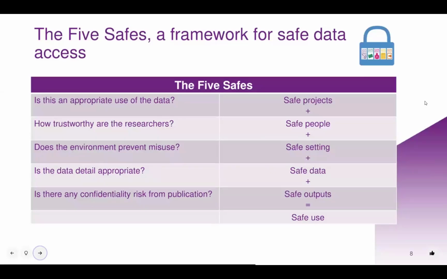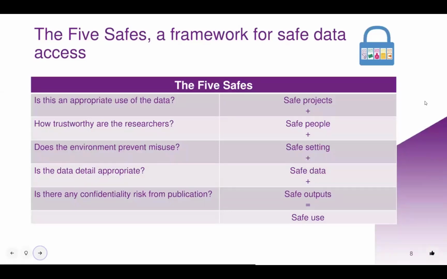Is the detail appropriate? Safe data, of course, direct identifiers are removed. However, due to the sensitivity that still remains, there is the risk of identifying an individual or a business. And of course, this refers as well to the justification: if the aims and the questions that we're trying to answer through our research do not require that detail, access to such sensitive data will not be provided.